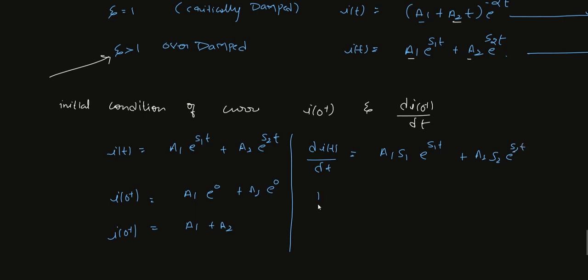Okay, so now substitute at 0 plus, that means in place of t substitute 0, then you will get a1 s1 plus a2 s2. So if you know these two values, initial conditions of the current, then you will be able to get the a1 and a2 values. So in the next video I will solve one question from this RLC circuit and we will include these initial conditions as well.